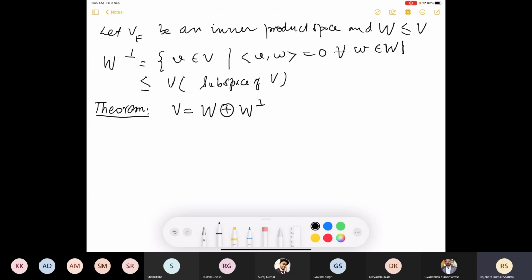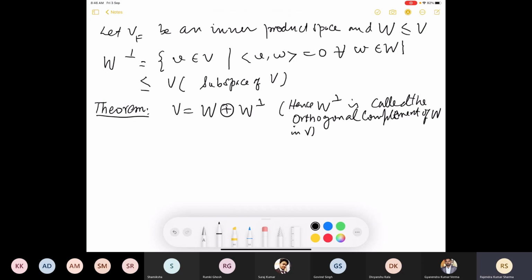For this reason, W orthogonal is called the orthogonal complement of W in V.